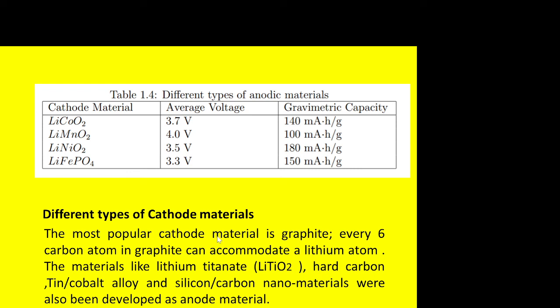The most popular cathodic material is graphite. Every 6 carbon atoms of graphite can accommodate a lithium atom. Another cathodic material is lithium titanate. Lithium titanate can be used as a material which can take up lithium ions instead of graphite. Here in lithium titanate, lithium is in plus 1 oxidation state, and titanium is in plus 3.